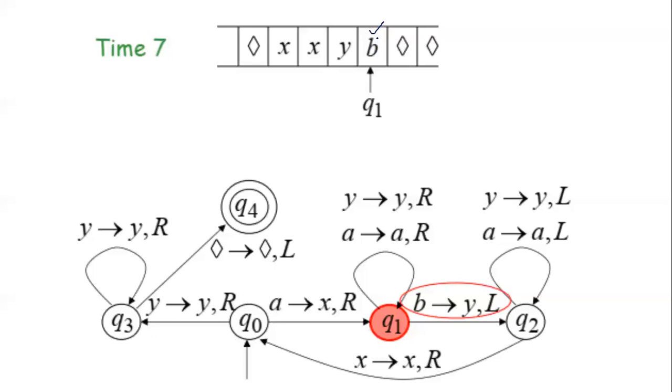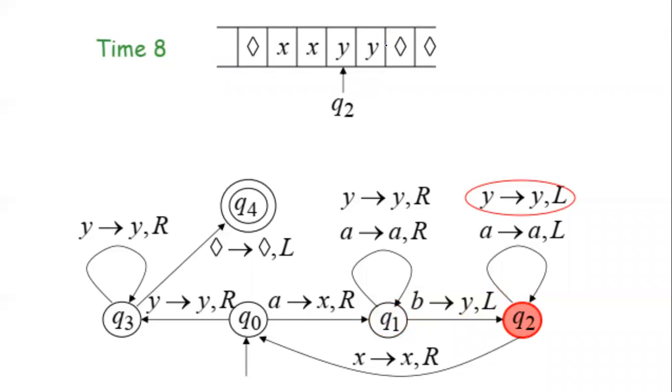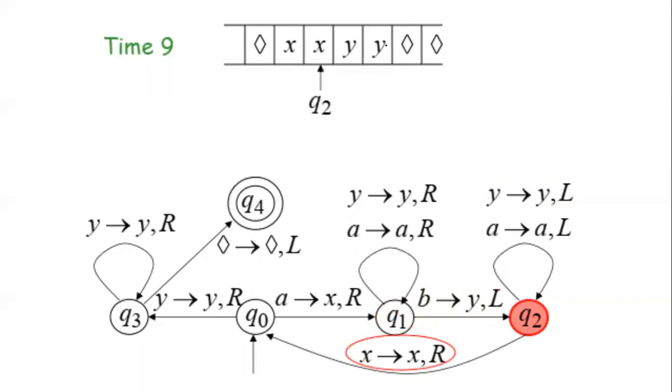So this second B will be converted to Y, and in a similar way, after converting this B, I will go towards left once. This part is already converted. Left go once, and I found what? I found that there is no A basically. So I'm directly jumping to Q.